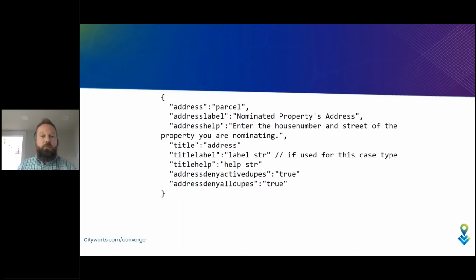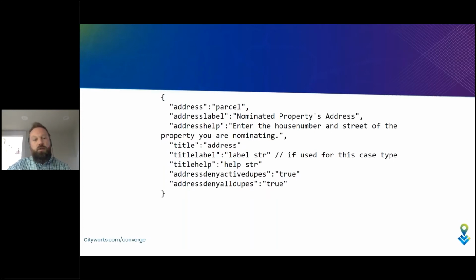So in this case, our address property, the attribute for this configuration object, is set to parcel, and this tells the website's module how to geocode that item. When we're asking for an address, in this case, we're always looking for a parcel. So it uses our parcel geocoder versus our street centerline geocoder or our composite geocoder.